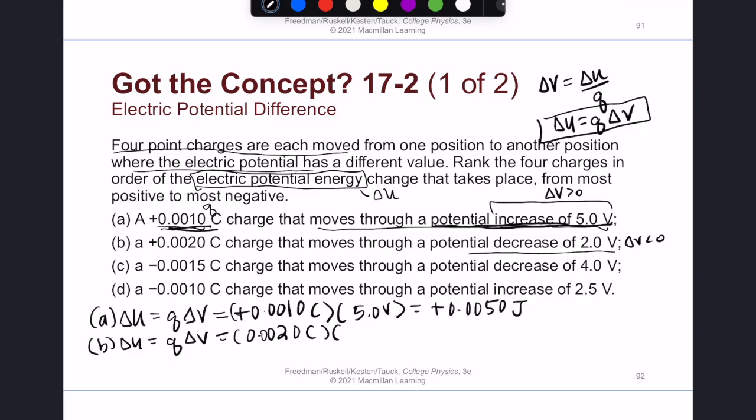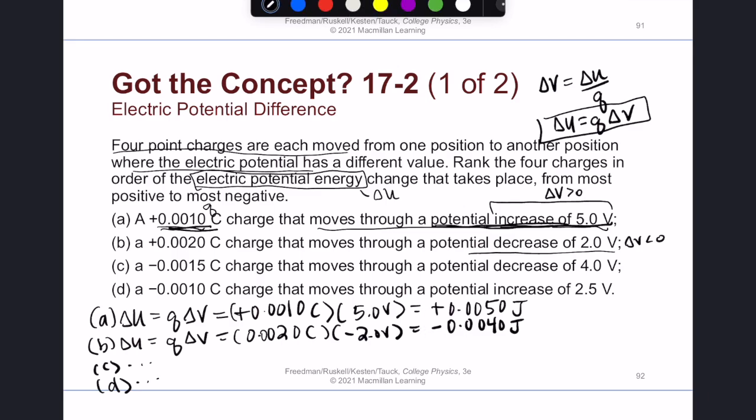And a small number minus a big number is a negative number. So that's going to be minus 2 volts. And that gives me a negative 0.0040 joules. And so I think you get the pattern. So I'll let you do the rest on your own, and you'll be ranking them from positive to negative.